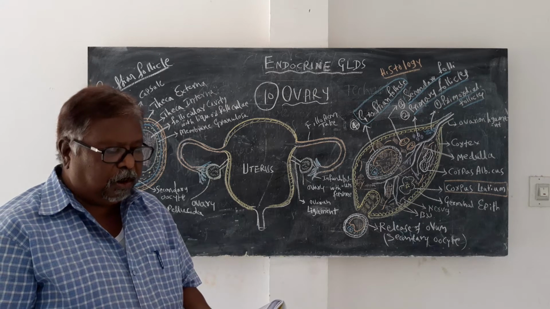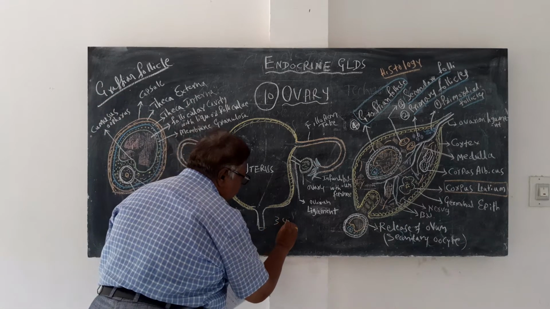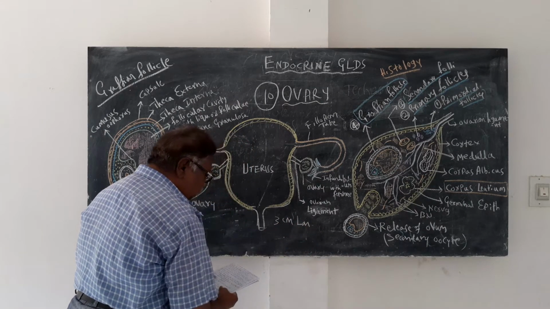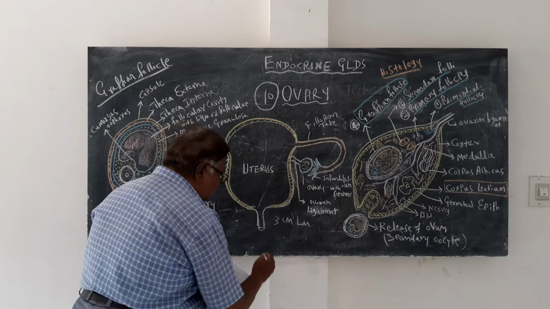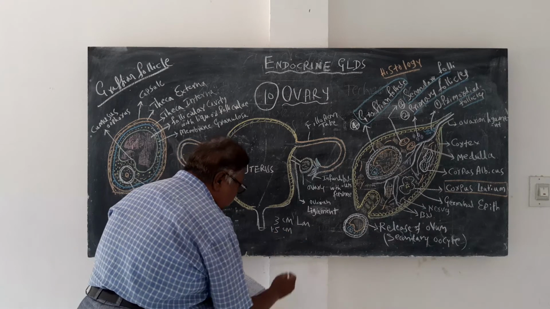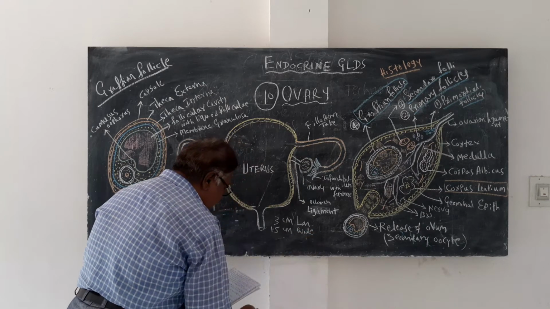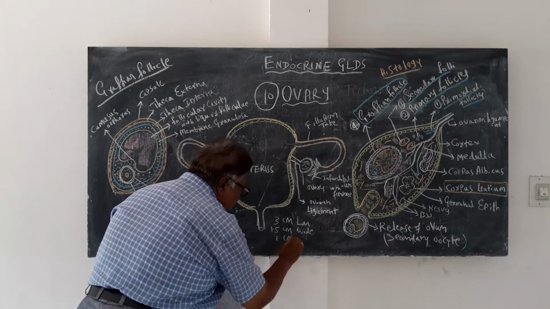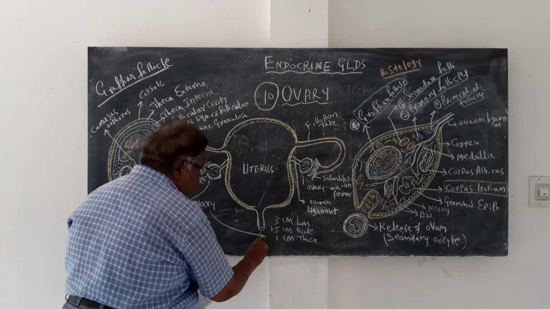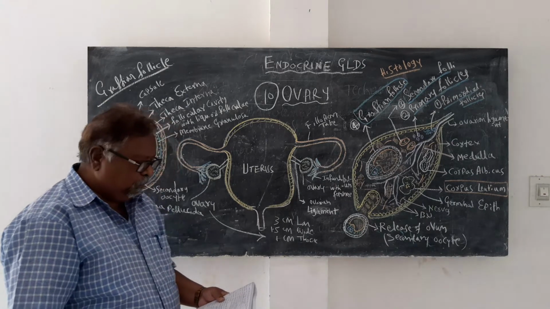Each ovary is oval in shape, 3 centimeters long, 1.5 centimeter wide, then 1 centimeter thick. Each ovary is 3 centimeters long, 1.5 centimeter wide and 1 centimeter thick.